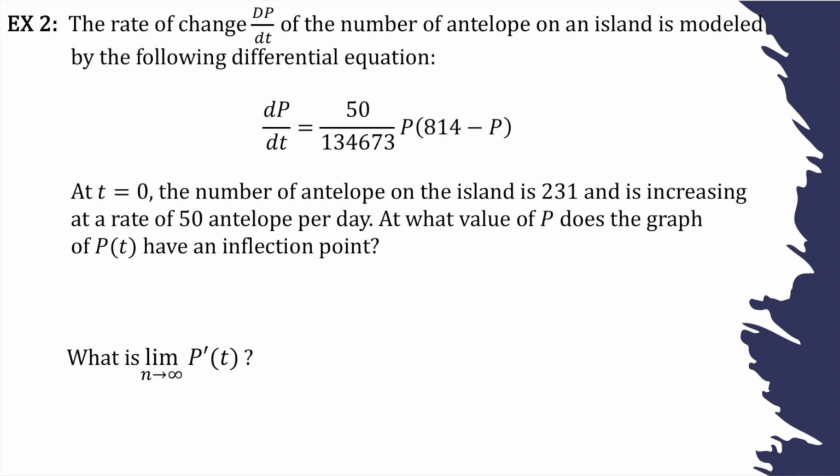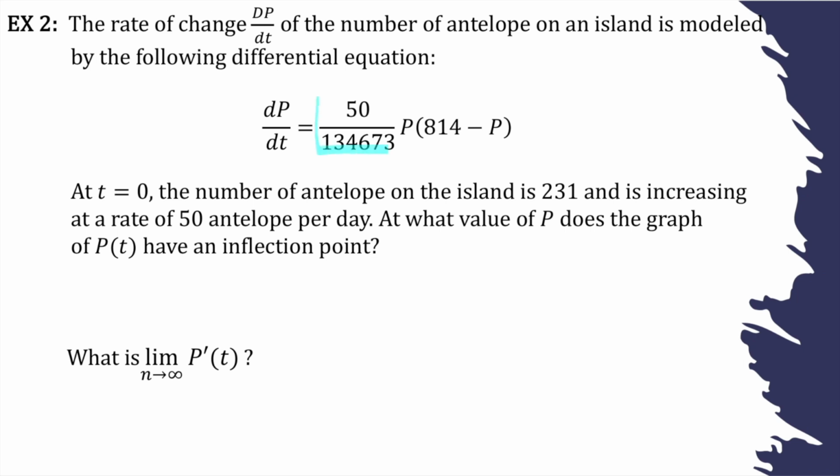Example 2. Let's get into this. The rate of change, dP/dt, of the number of antelope on an island is modeled by the following differential equation: dP/dt equals 50 over 134,673 times P times the quantity 814 minus P. Wow. Let's just look at that real quick and see if we can identify some things.